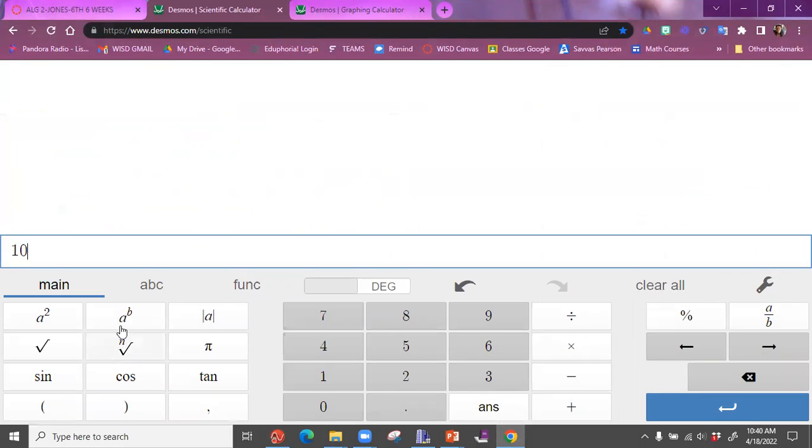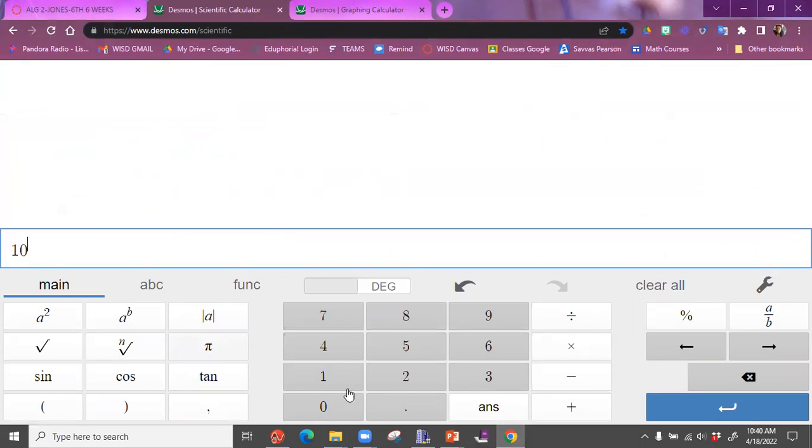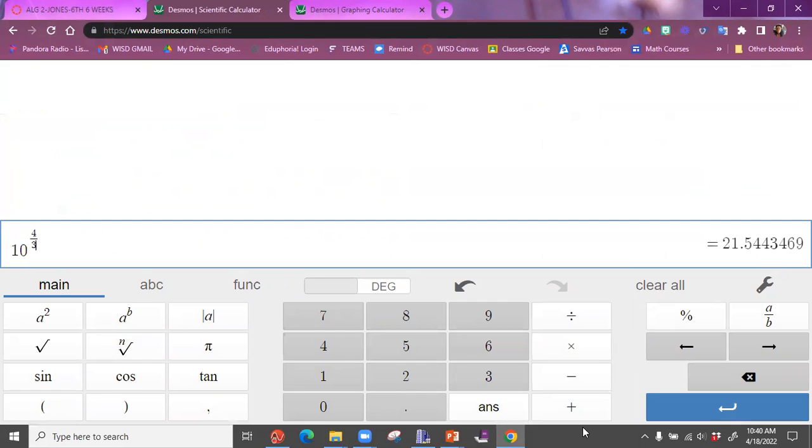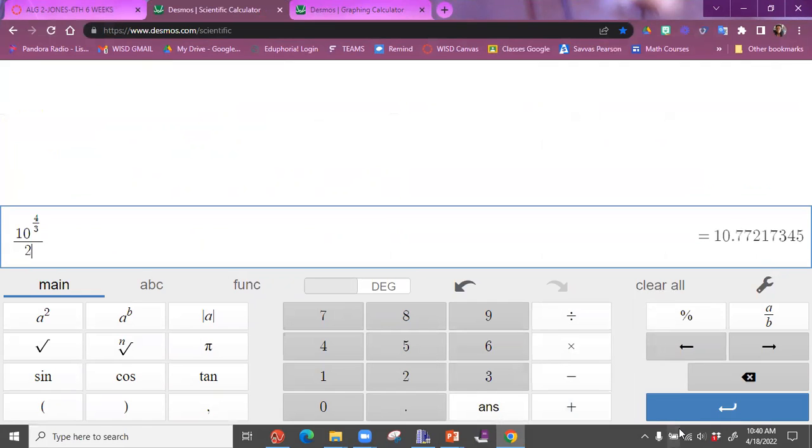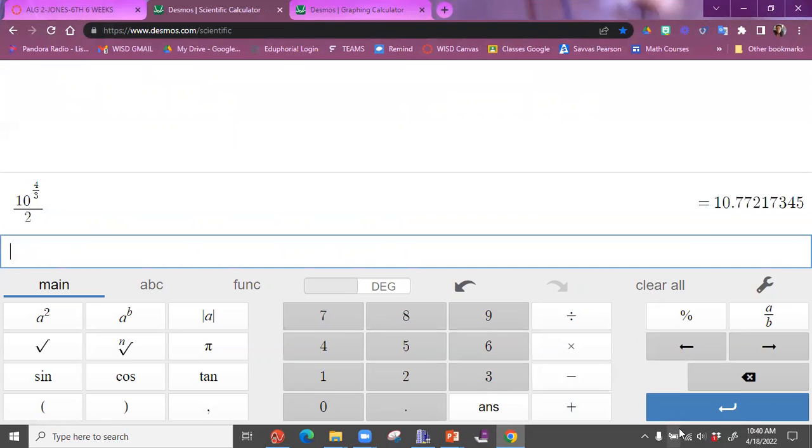So we have 10 to the what? 4/3, divided by 2. And then we hit enter and we get approximately 10.772.